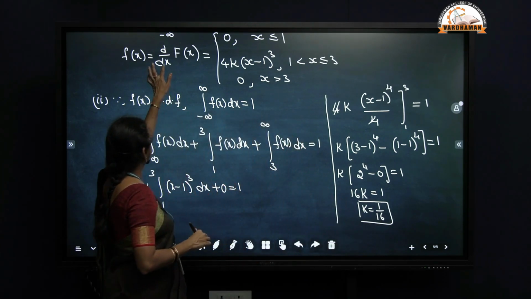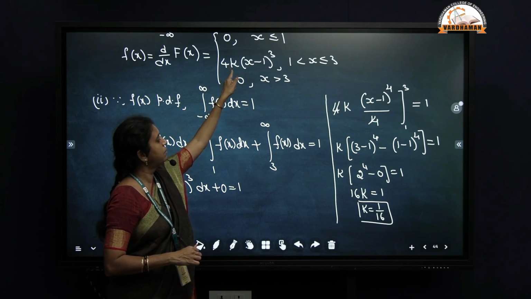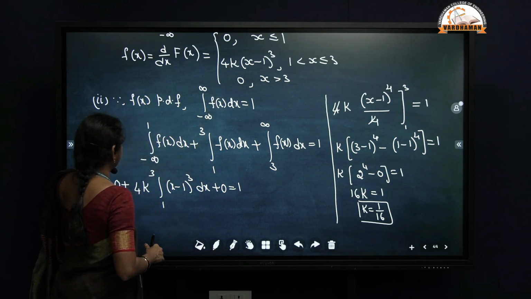Now, we can redefine the probability density function, substituting the k value as 1/16. So, what will be the function?